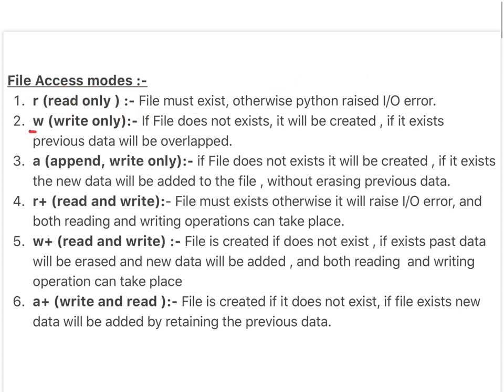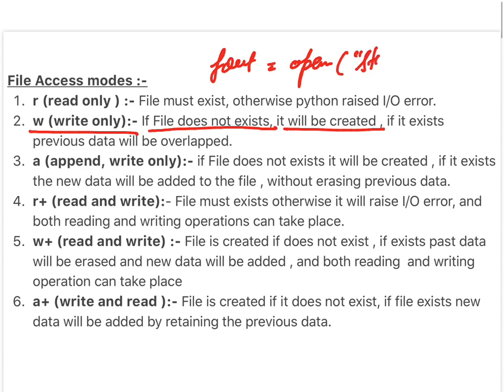Now, in the next option, write only option, if file does not exist, it will be created. When you open the file, suppose you have written f out equal to open, and suppose once again you are going to open the student.txt in writing mode.